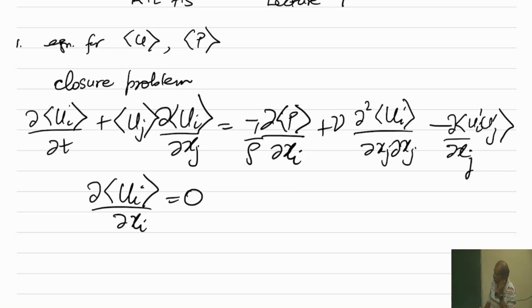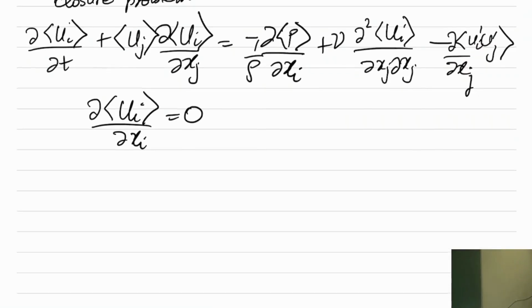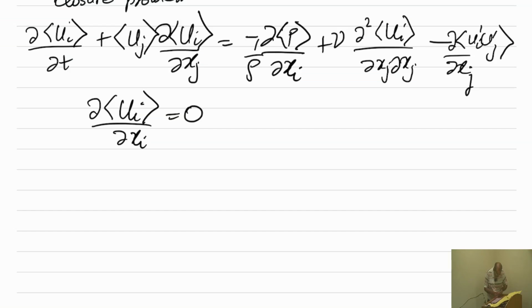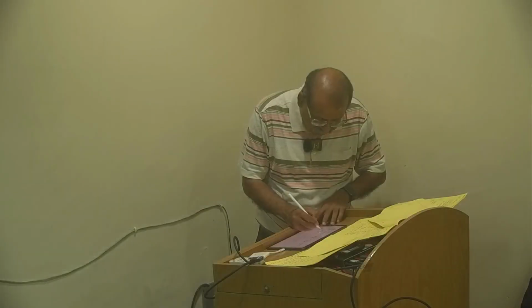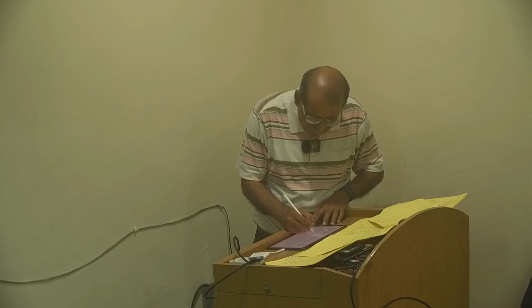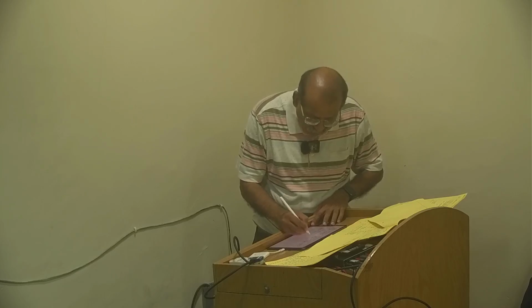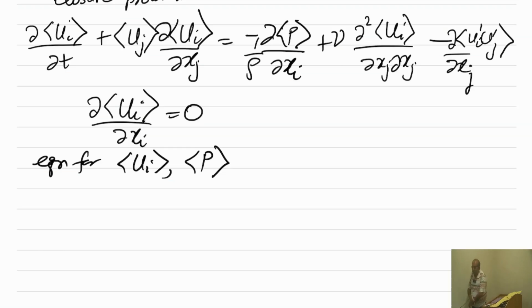So now this gives me an equation for the mean of ui, and I can consider this as a mean equation for the mean of pressure. So, totally, when I count, I have 3 equations as the first one and 1 scalar equation, 4 equations, 4 unknowns.